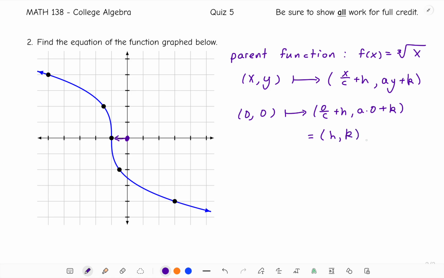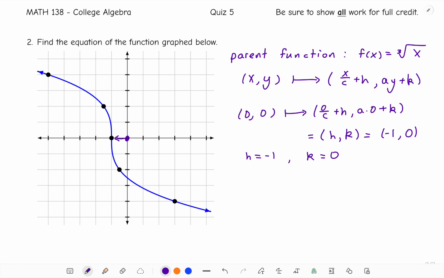But I also know that that has to match up with the point -1, 0. And if I compare the x coordinates, this tells me that h equals -1 and k equals 0. So that's how we go about getting h and k.